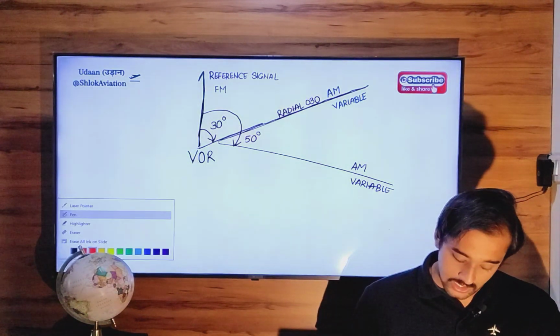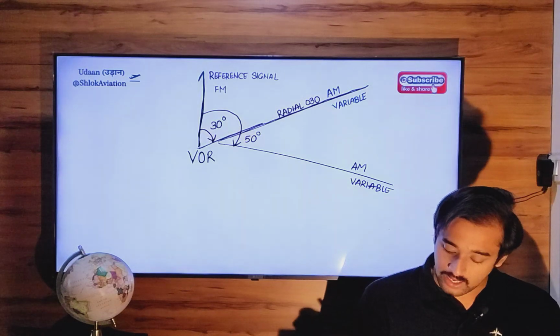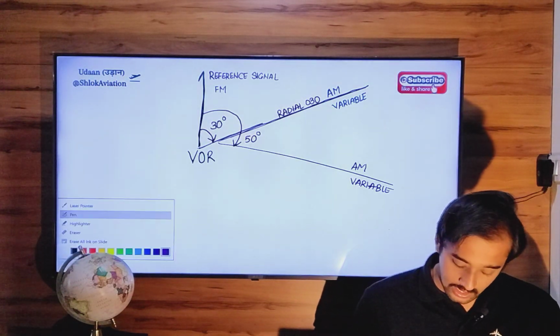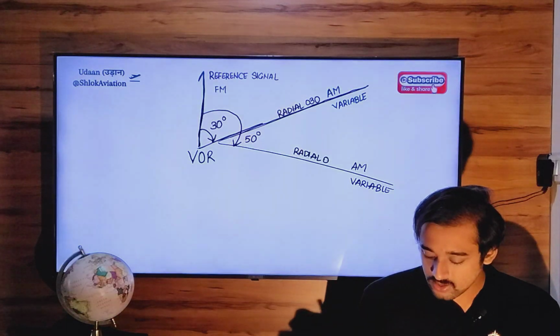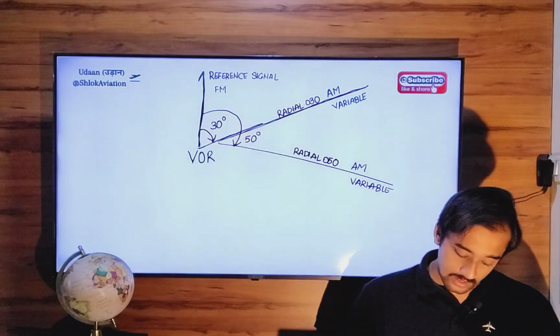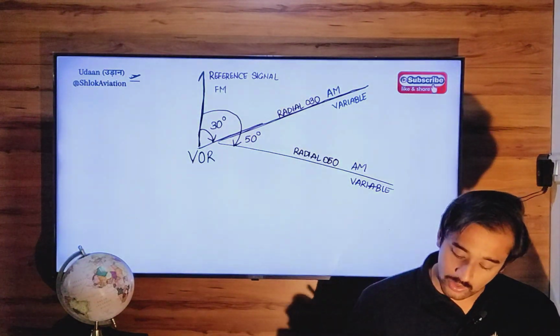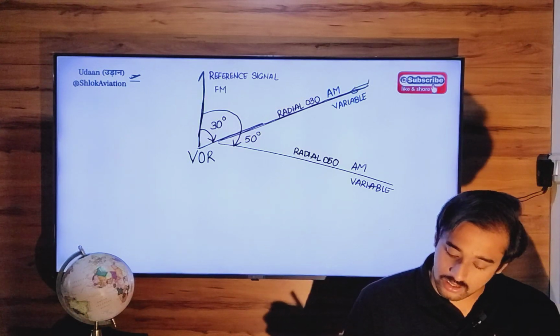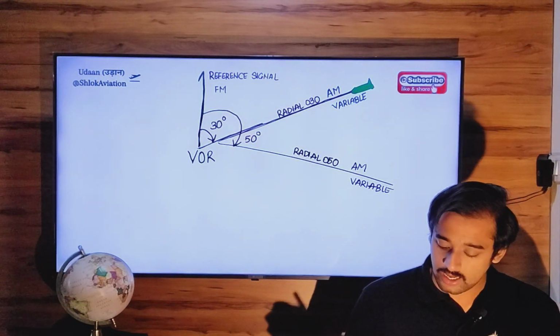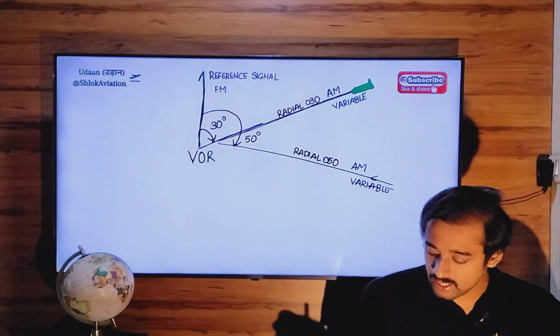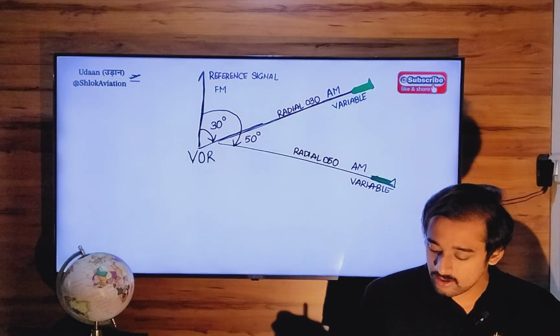So we will label this radial as radial 050. Now in the question, the two aircraft are situated on two different radials. So radial 030 and radial 050 are both at the same distance away from the VOR.